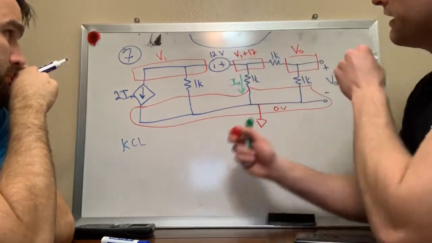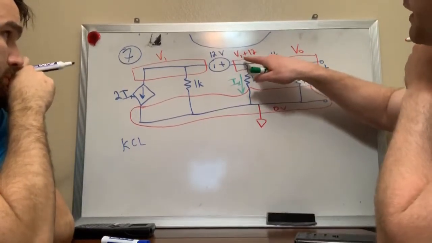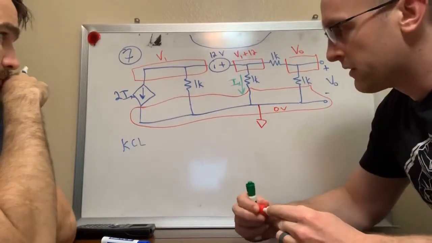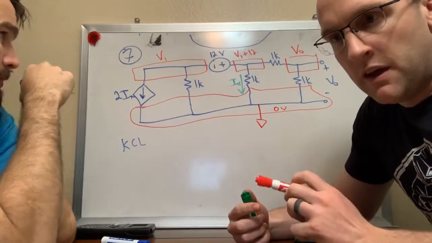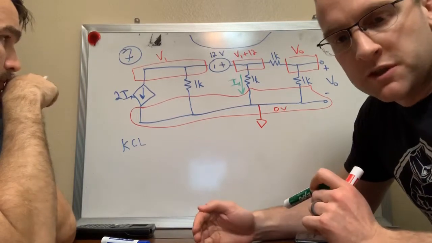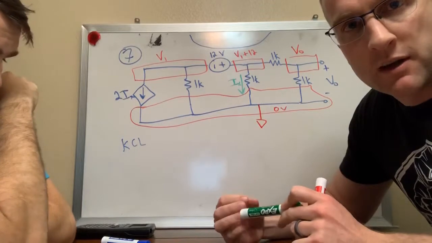So instead of introducing another variable into my circuit, I'm just going to call it V1 plus 12. The whole idea when you're using nodal analysis is to create a system of equations. And so the more variables you have, the more equations you need, right? So if you have 3 variables, you would need 3 equations.